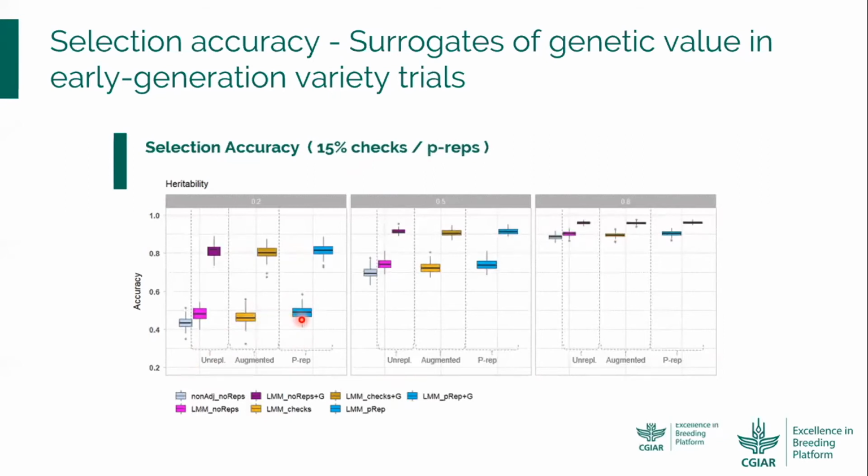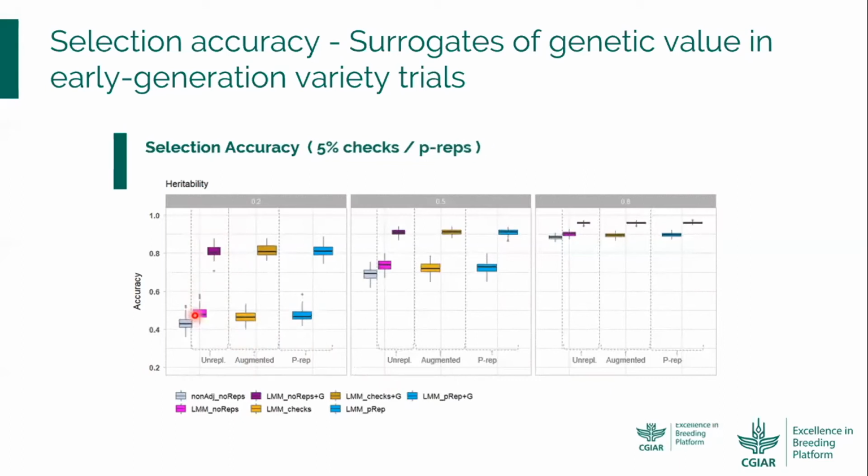But in the case of the P-reps, if you put more replication, the accuracy for those entries starts to increase. And then the entries start to show up twice. They start to show more, so they become more accurate. But in general, I think the big lesson here is GRM is a game changer.